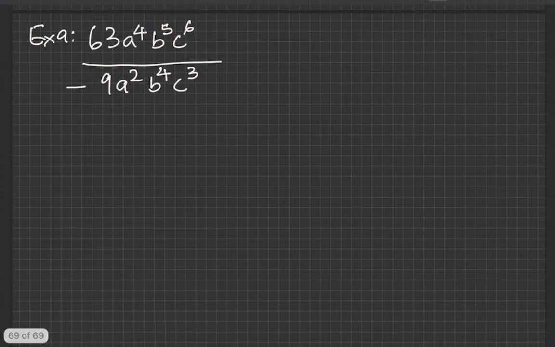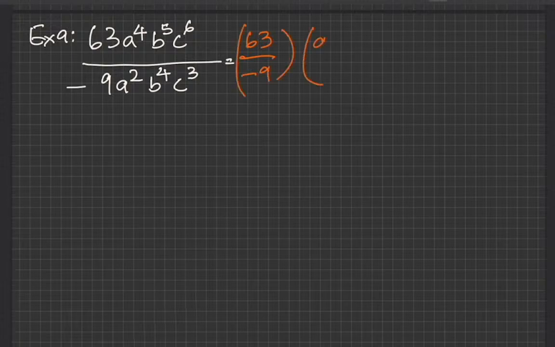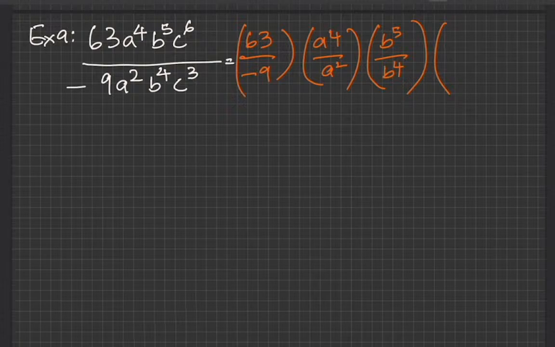Okay, let's do this. 63 divided by negative 9, then a to the power 4 by a to the power 2, b to the power 5 by b to the power 4, c to the power 6 by c to the power 3.